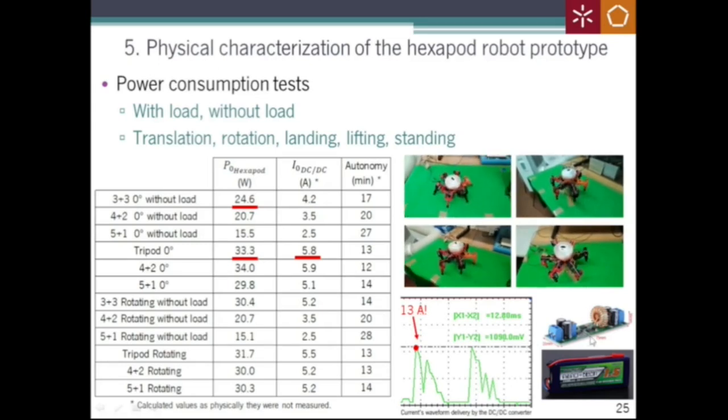Also, for the robot's autonomy, given the higher power consumption, a new battery was also proposed in order to fulfill the intended 20 minutes of autonomy.